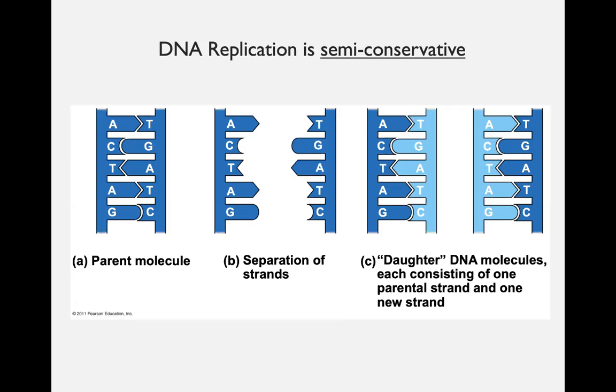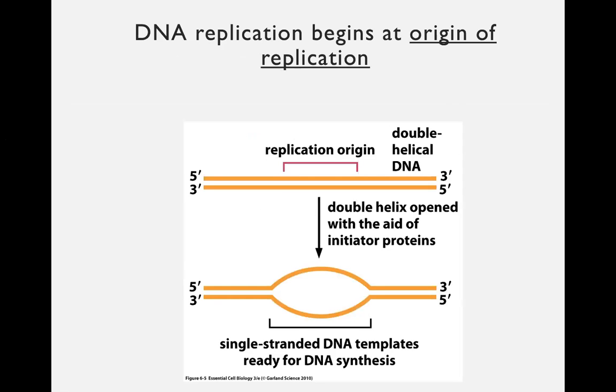Another term, or I guess characteristic, is that DNA replication is going to begin at what's called the origin of replication. That's pretty easy to remember. It's basically just a specific sequence of nucleotides. You don't really need to worry about what that is, but that specific sequence of nucleotides will indicate to the proteins that are being used to open up that double helix.